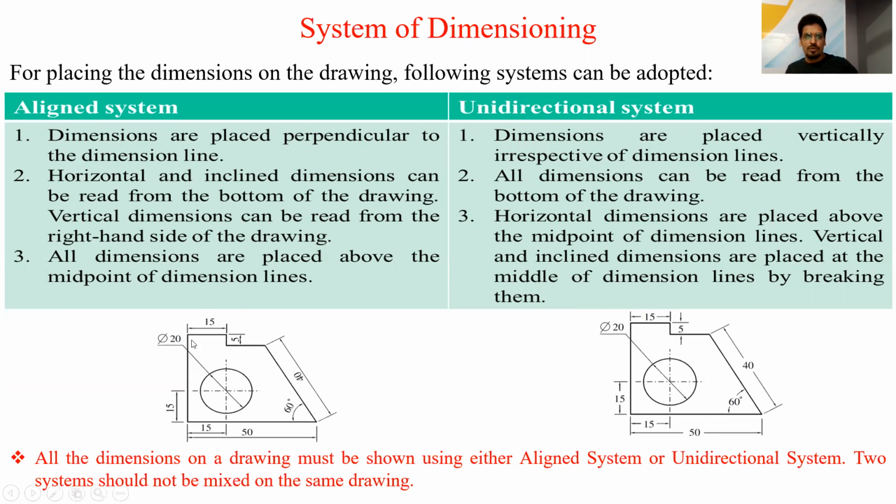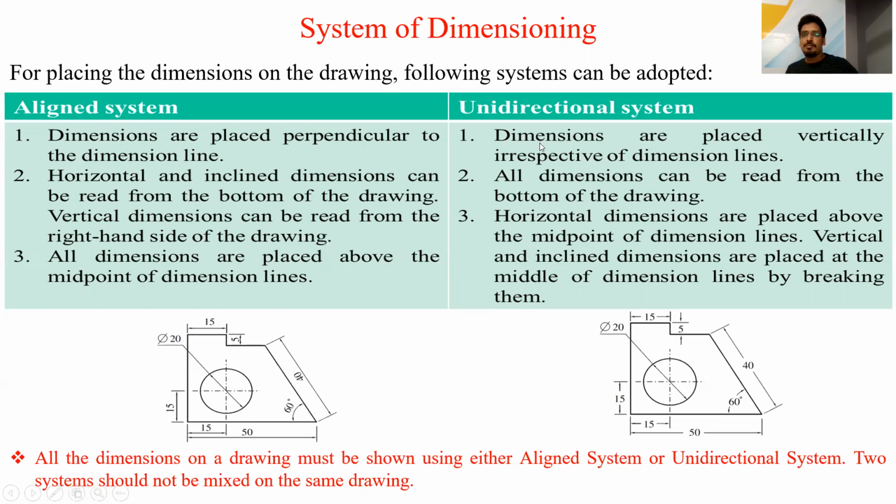So this is the figure and this is the dimension line, and the dimensions must be written perpendicular to the dimension line. It means suppose this is the dimension line, then dimension is written like this. This is the dimension line, so dimension is perpendicular to the dimension line like this.